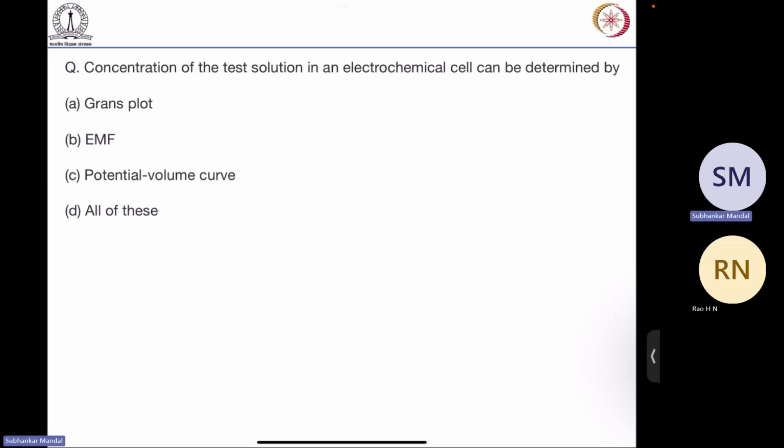The concentration of the test solution in an electrochemical cell can be determined by Grant's plot, EMF, potential volume curve, all of these. What will be the answer? EMF, electromotive force. What is EMF?